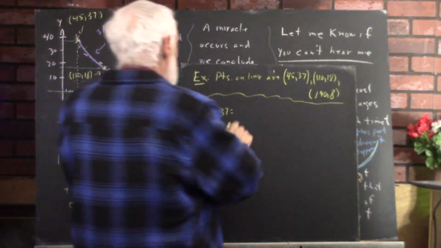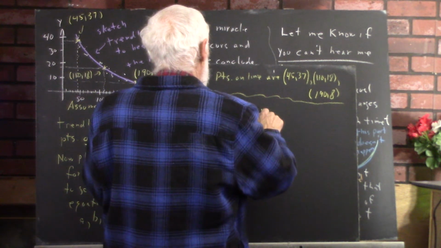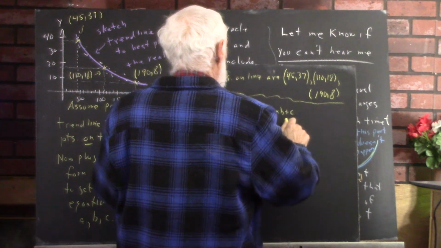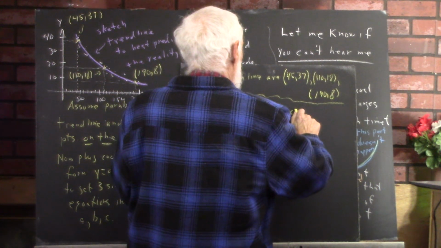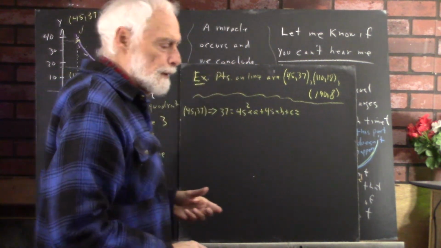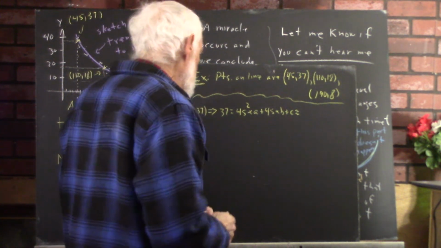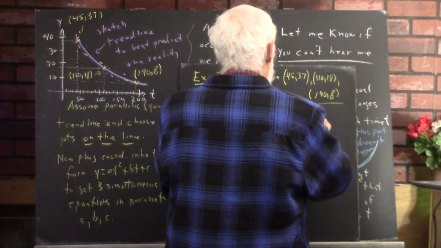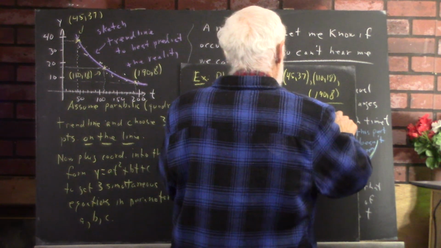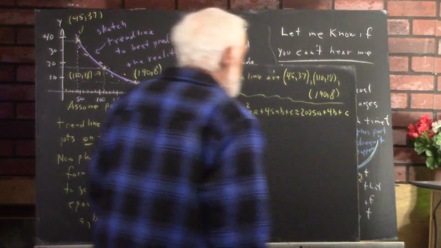So this should be 45 squared times a plus 45 times b plus c. Yeah, 45 squared, that's not too hard to square. You're going to get 2025, I think. So we get 2025a plus 45b plus c.